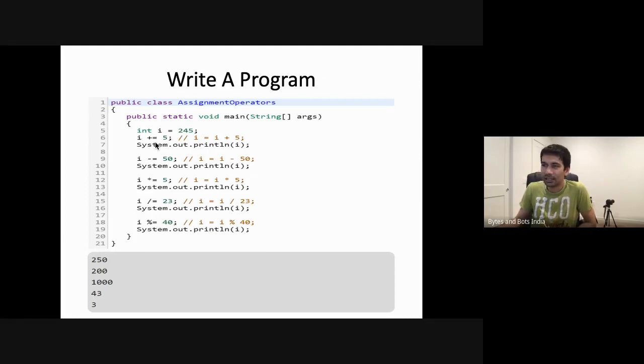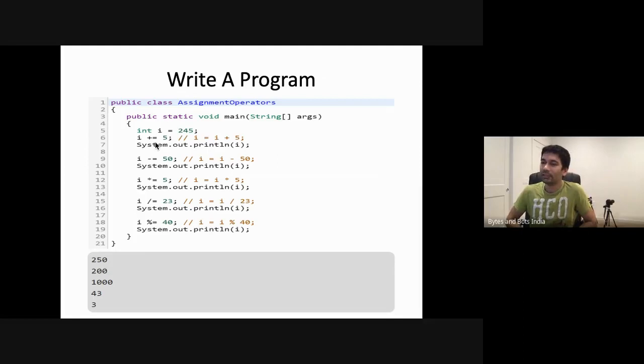Line 6 is I plus equal to 5, which is equivalent of writing I is equal to I plus 5. And if you print it, it would be 250, right? The line number 9, it's I minus equal to 50, which is equivalent of writing I is equal to I minus 50. So 250 minus 50 becomes 200. There you go, it prints 200.